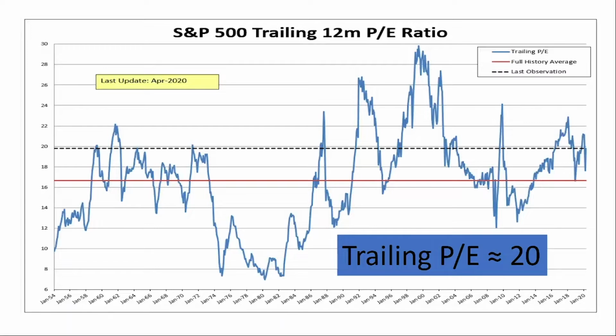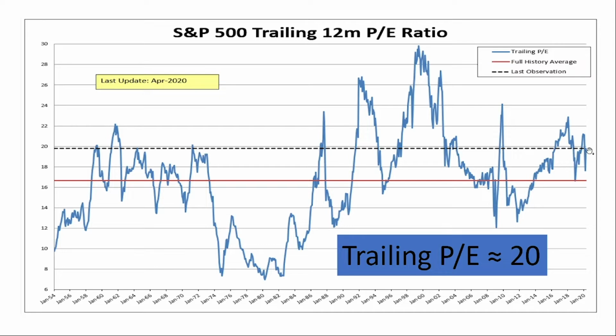We're going to start with something called the trailing PE ratio. That's the current price today divided by the last 12 months worth of earnings. Now we have our black dotted line here.